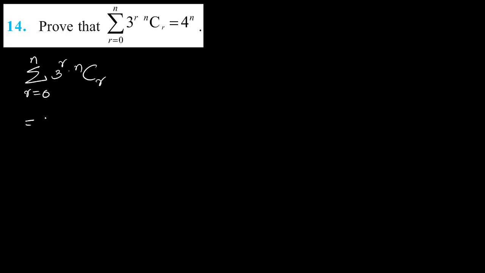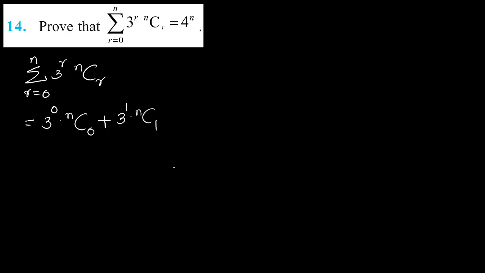Initially you have to put r equal to 0. So substituting r equal to 0, you will get this term. Sigma means summation, right? Plus. After r equal to 0, the next value will be r equal to 1. Substituting r equal to 1, 3 raised to 1 nC1.